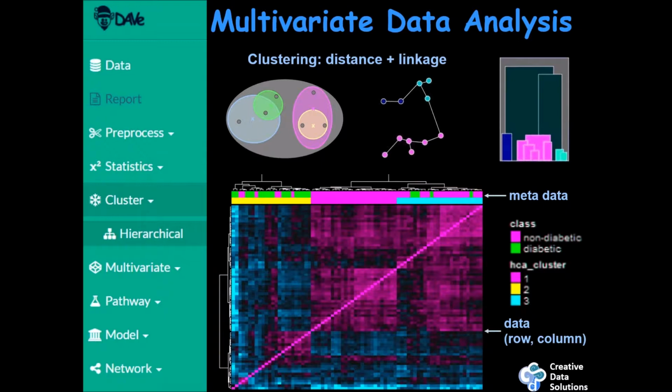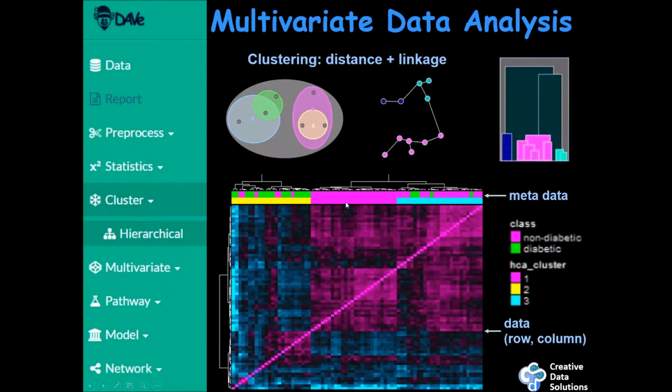The other powerful thing that hierarchical clustering gives us is that we can empirically segment our data. This lower panel shows the hierarchical clusters. If we were to break our data into three groups, this is what it would look like. Again, we see this is a nice subset. But what's even more interesting is that we've now segmented our non-diabetics into two groups.